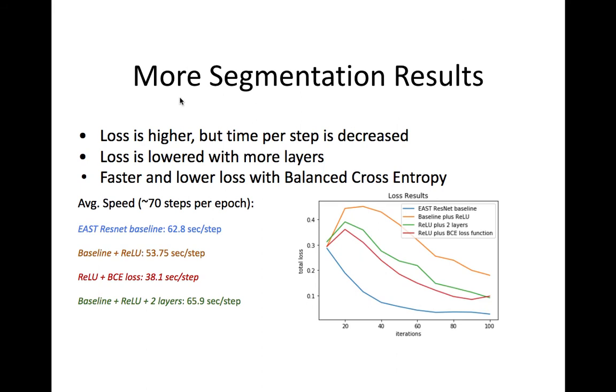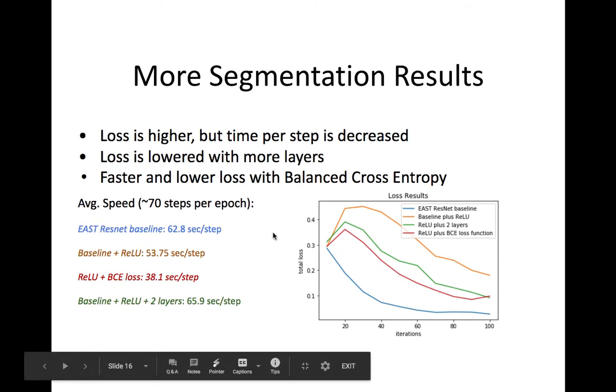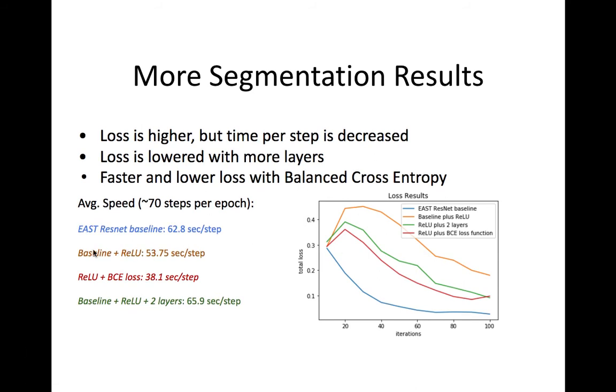Here are a few more results. The graph shows baseline versus the ReLU and the BCE. The baseline is the blue, which definitely performs the best. Just adding the ReLU sped up training a bit, but obviously at the cost of more loss.